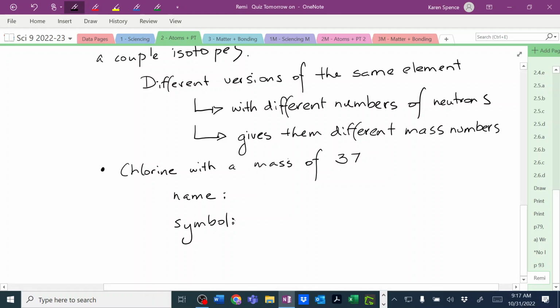See if you can write the name and the symbol for chlorine with a mass of 37. Oh, actually, you don't have to find the neutrons to do this. You're writing the name of it and you're writing its symbol.